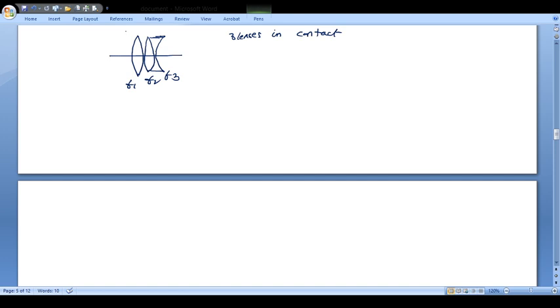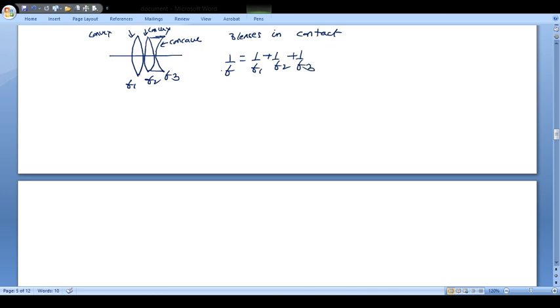So this is convex, this is convex, and this is concave. So the effective focal length will be given by 1 upon f is equal to 1 upon f1 plus 1 upon f2 plus 1 upon f3.